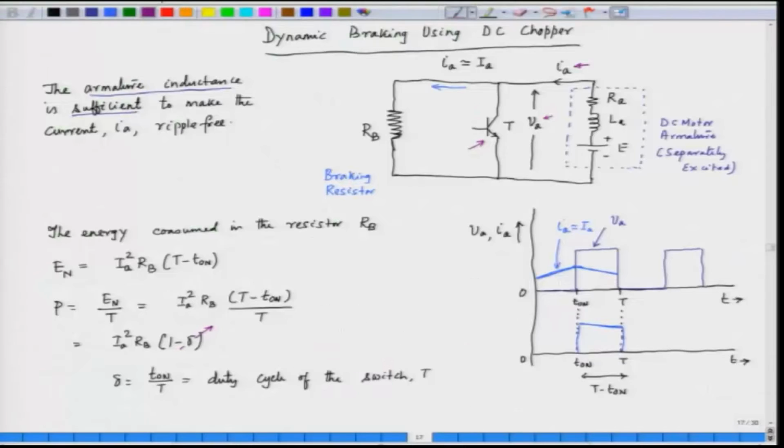The effective braking resistance is equal to P by Ia square, that is equal to R B into 1 minus delta, and hence by varying the duty cycle of the switch we can change the braking resistance. So, this is how the motor can be braked dynamically.